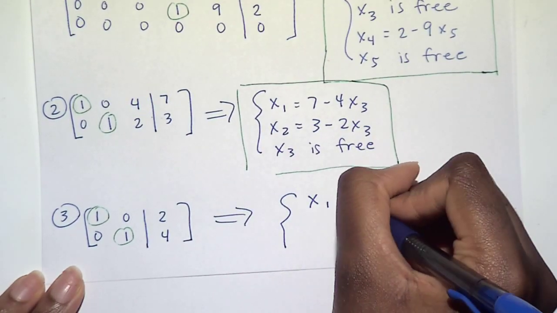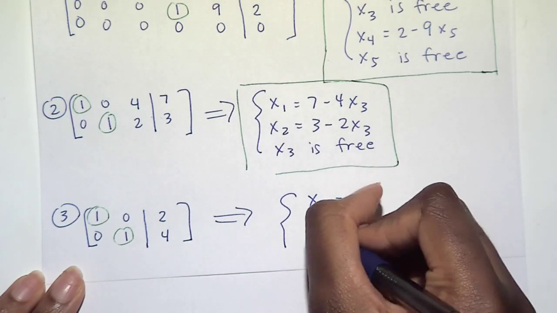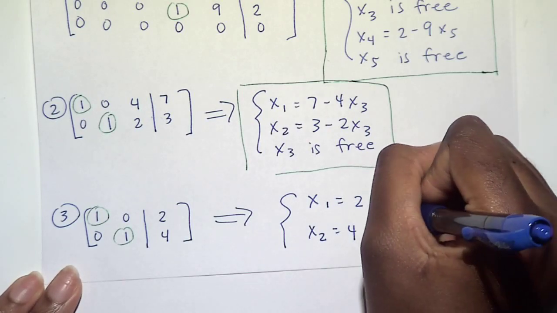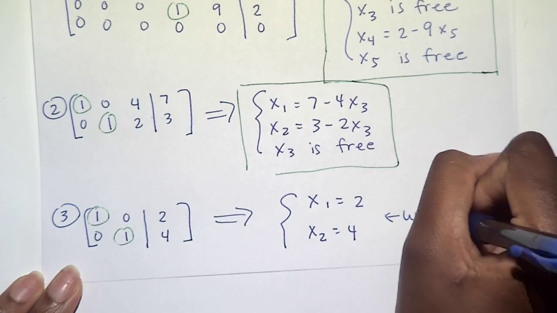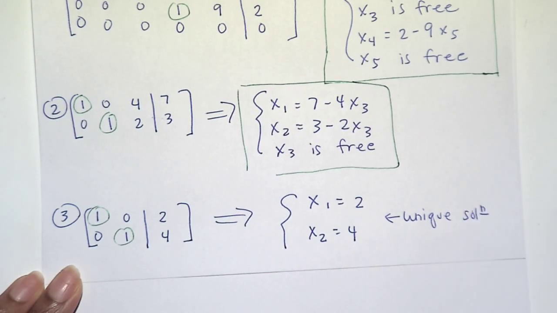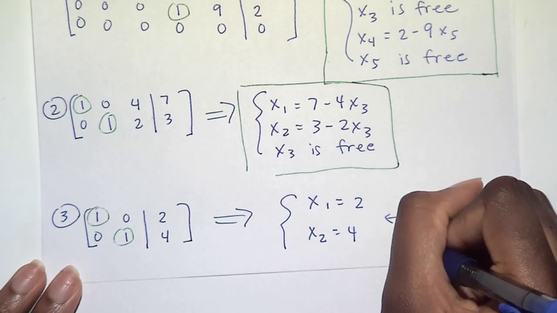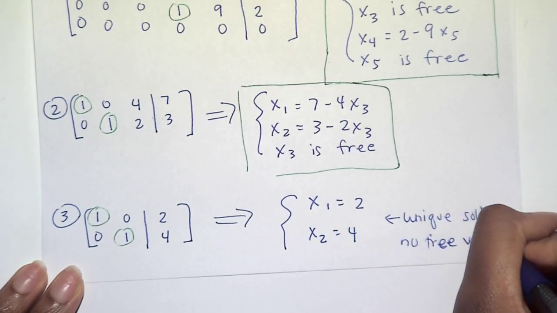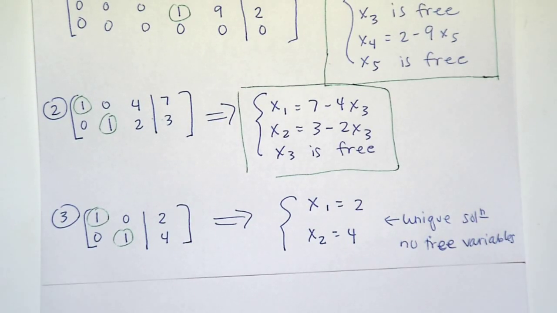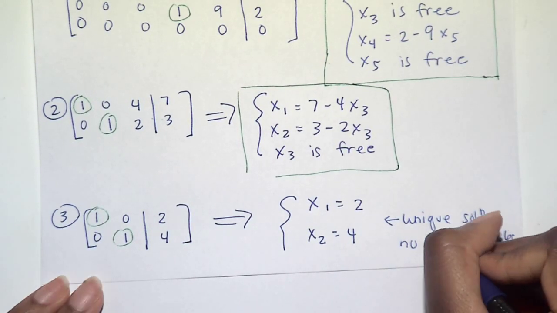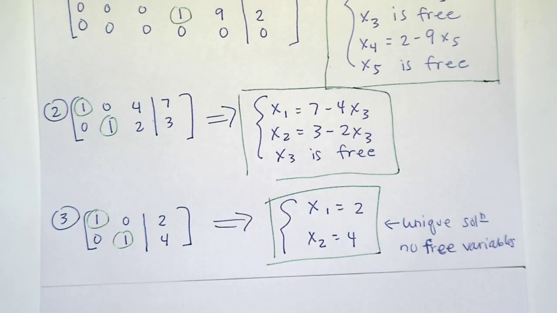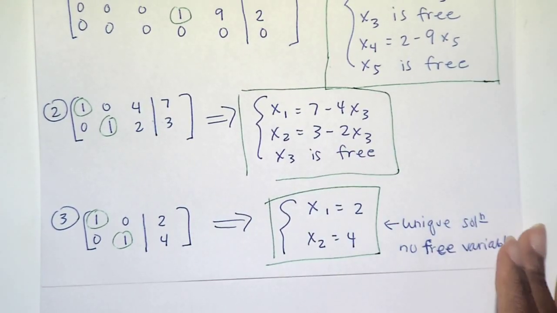So x1 is 2, and x2 is 4. This is a unique solution, because we don't have any free variables. All right, so remember when we have free variables, we can use any numbers we want for our free variables, so we're going to have infinitely many solutions. But here, we just have a unique solution.